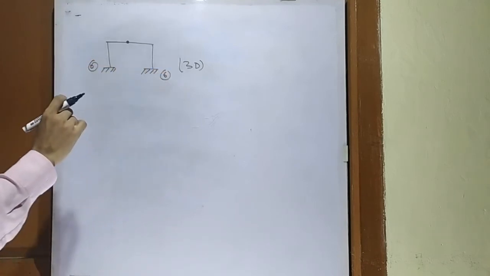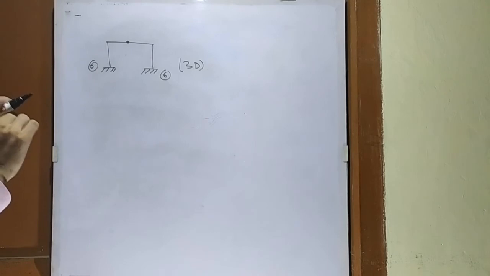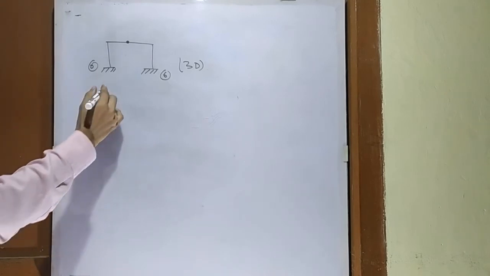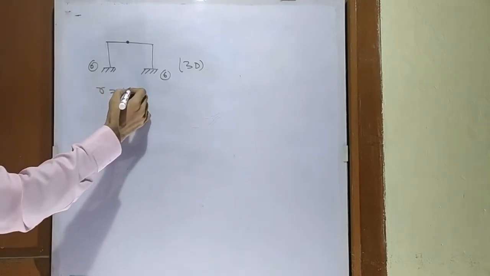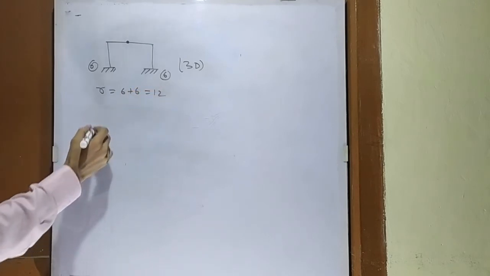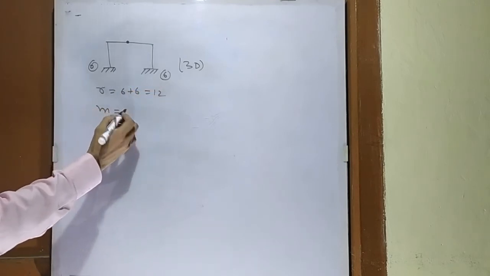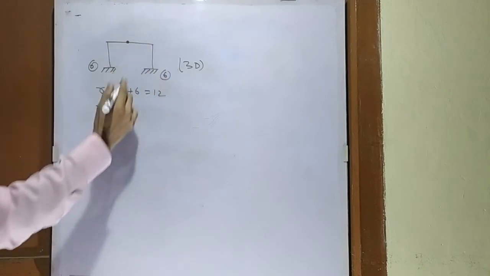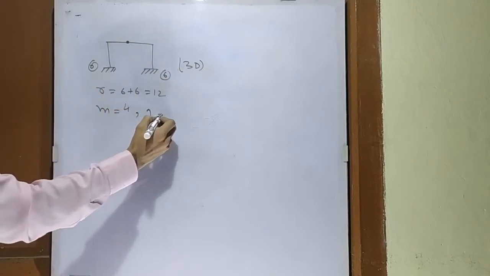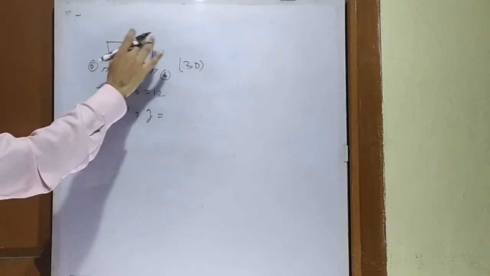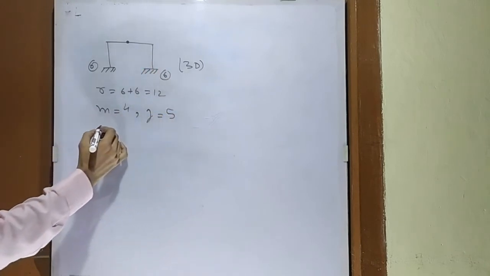We know how it is 6 because we learned this in our previous video. So we will write 6 plus 6, this will be 12. And what is the number of members? Number of members is 1, 2, 3, 4. Number of members is 4. What is the number of joints? Number of joints will be 1, 2, 3, 4, 5. Number of joints is 5.